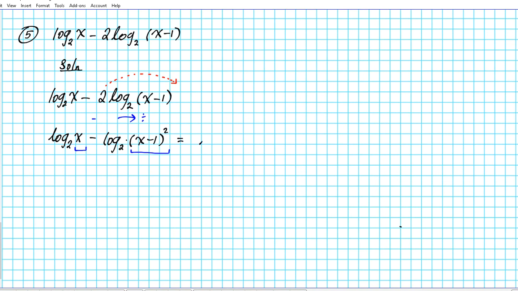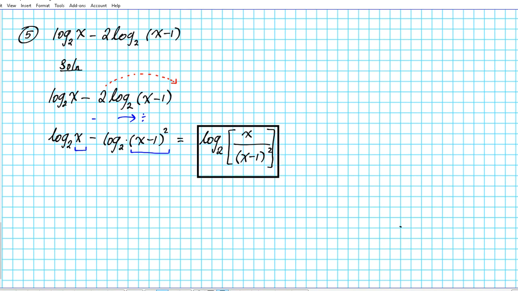Alrighty, so this becomes log base 2 in the condensed form. The first one goes in the numerator, divided by the second one, which is x minus 1 squared. So this is basically the answer for question number 5.